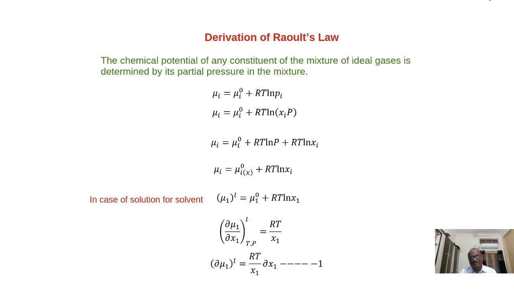Let me show the derivation of Raoult's law. The chemical potential of any constituent in a mixture of ideal gases is determined by its partial pressure. When a system is present in the gas state and contains some gases or components, the chemical potential of each component will be determined by its partial pressure.